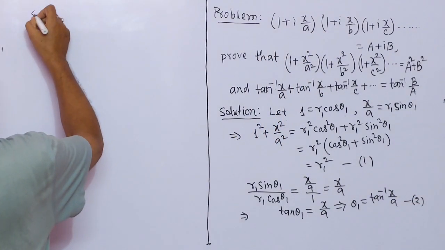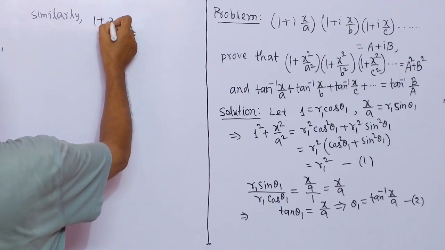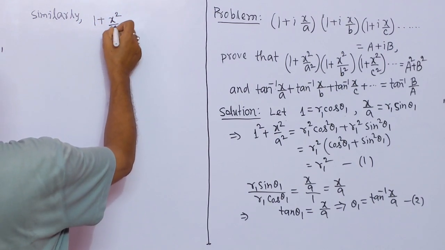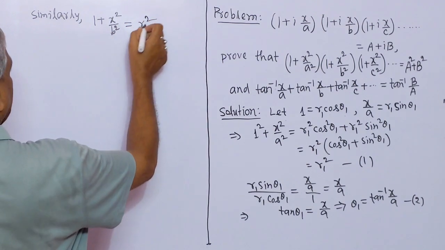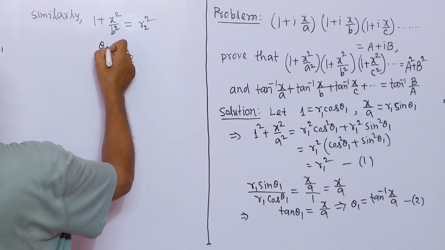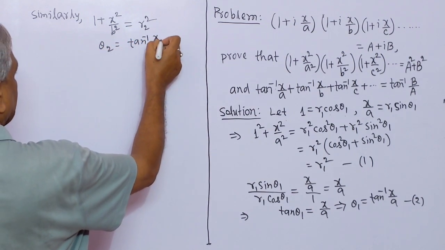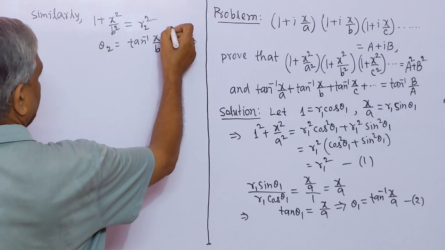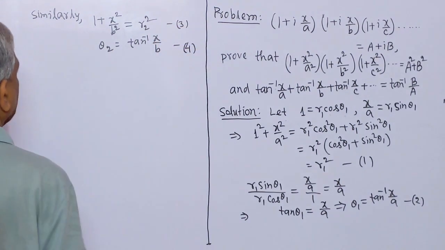Similarly, 1 + x²/b² equals r2², and theta 2 equals tan⁻¹(x/b). This is number 3. This is number 4.